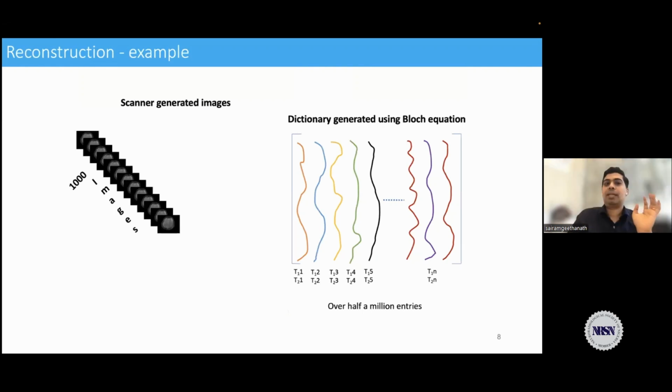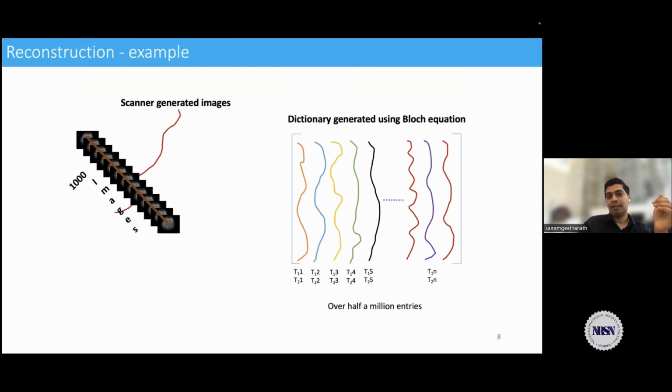Here's a visual representation of what actually happens. I think this is probably going to add more context. You acquire a bunch of 1,000 images, and you acquire each image with a different flip angle and a different TR. You pick a voxel of your choice, and it produces a signal intensity profile over those 1,000 images.